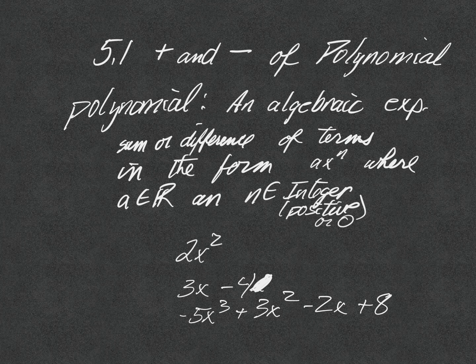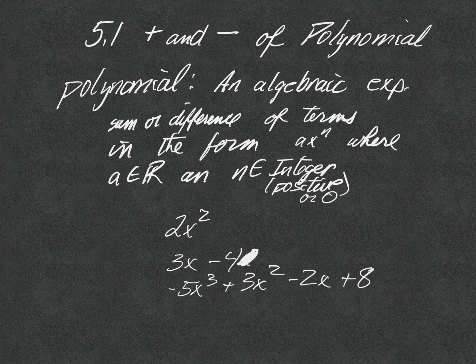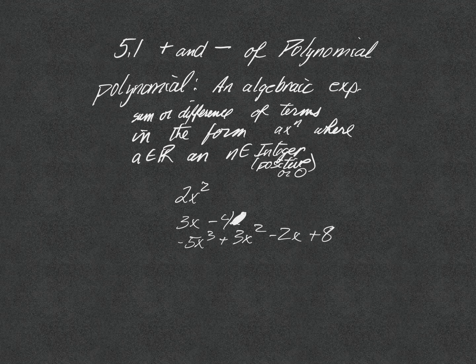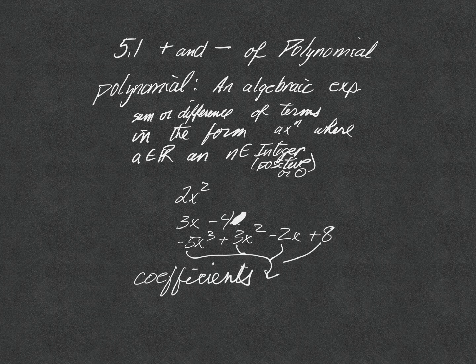I've said a couple of names, so let's name these parts really quickly. For instance, the numbers that you see multiplied times the variable portions are called coefficients. So in other words, the negative 5, the 3, the negative 2, the 8, those are called coefficients. The 8 specifically is called the constant term.